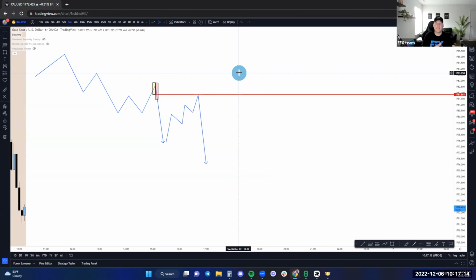And I love to see that up candle and then that engulfing candle and then just an impulsive move. So not too many of the opposite color candles. If I'm looking for a strong bearish impulsive move, I'm trying not to see a bunch of green candles. I want to see 3, 4, 5, whatever it is, impulsive move. That would make me feel real confident about an entry like this.